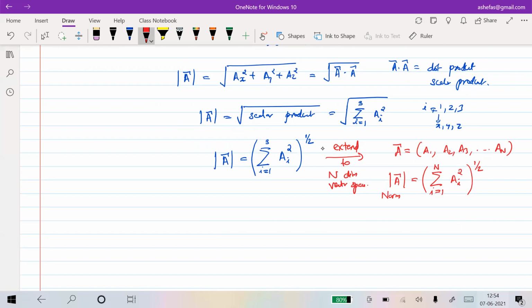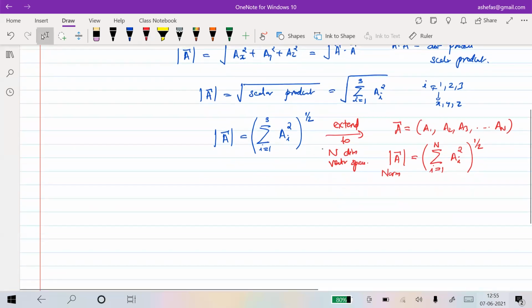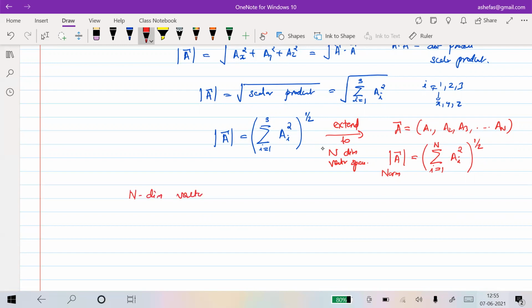Now if it is not discrete components but continuous components, then what would happen? Such a vector is nothing but a function. Remember, to define an n-dimension vector A, we need n components, A1, A2, etc. up to AN.